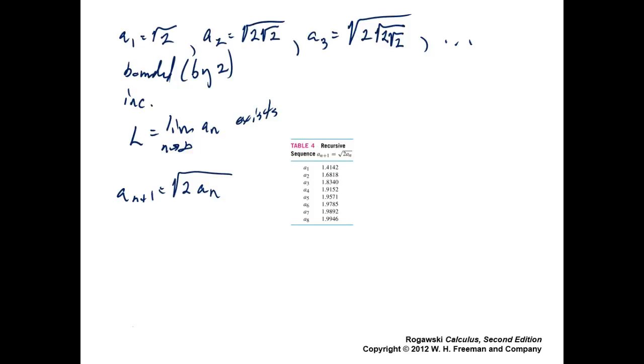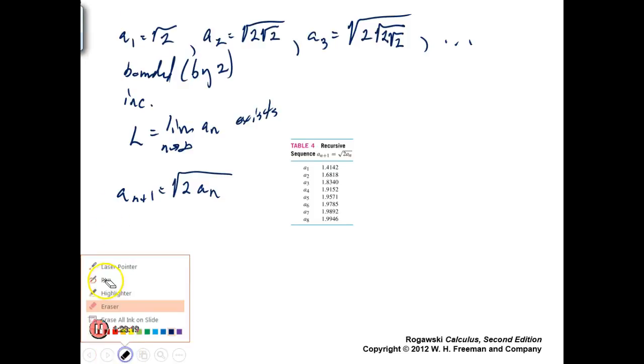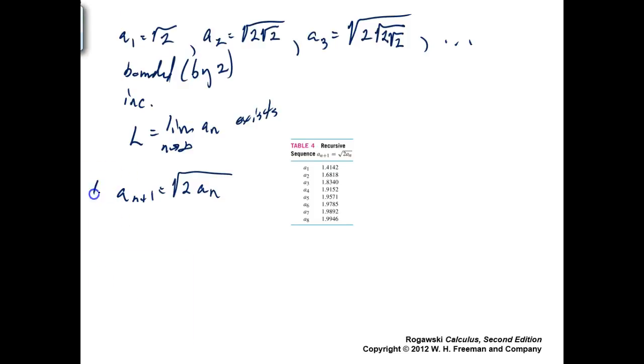Okay? Now, the limit, okay, sorry. Let's take a limit of both sides of this. The limit as n approaches infinity of this is equal to the limit as n approaches infinity of that. Okay?